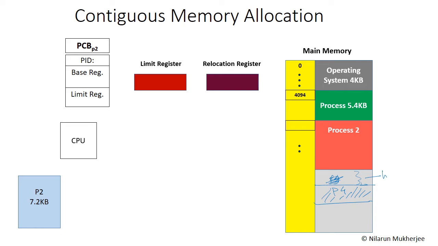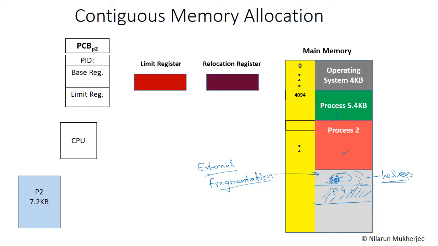This is a hole created inside, and this creation of hole is called external fragmentation. That is, creation of a hole outside any of the processes. This hole does not belong to P2, does not belong to P4, does not belong to P1. This is a hole outside. That's why external. Fragmentation means creation of holes.